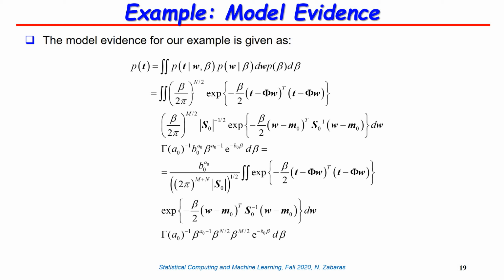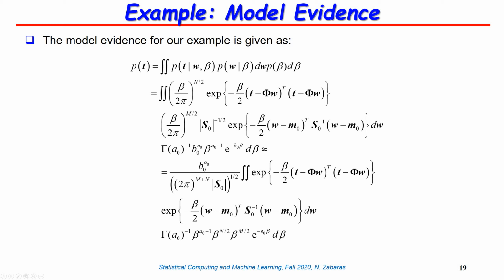And the model evidence is nothing else but the likelihood of my training data times the prior on W given the precision beta times the prior on beta, and then we have to integrate W and beta out. The remainder of the equations on this slide is nothing else but substituting what the likelihood is, what the prior on W given beta is, and this gamma prior on the precision beta.